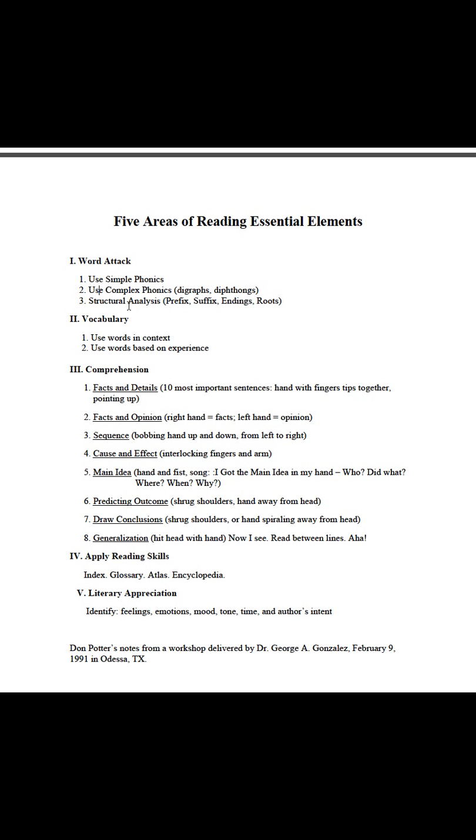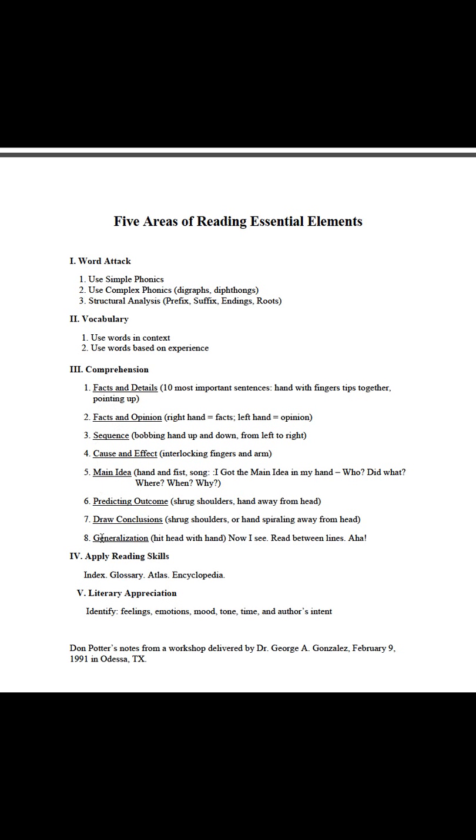Structural analysis is more advanced, dealing with prefixes, suffixes, and roots. We generally think of this as 3rd or 4th grade and up, and I deal with this in my Beyond Blend Phonics, which I call English Morphology Made Easy. Then we have vocabulary, which we learn in context and based on experience.